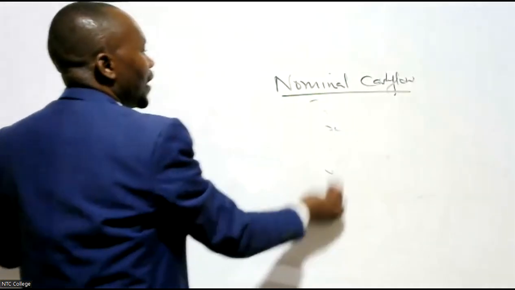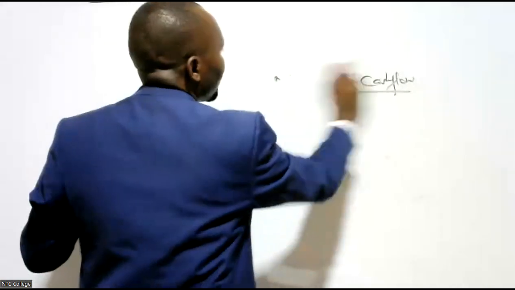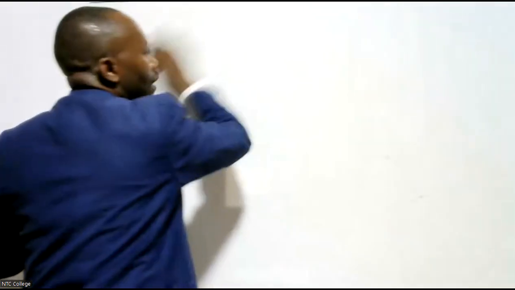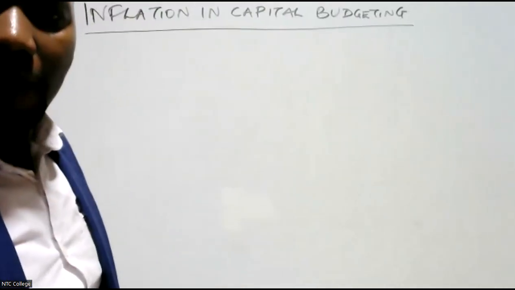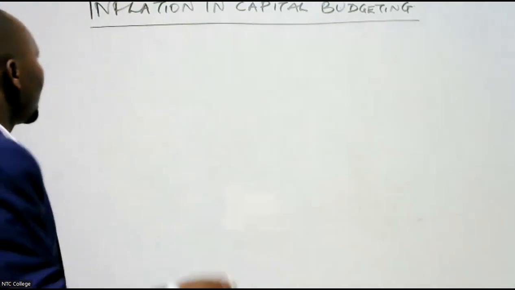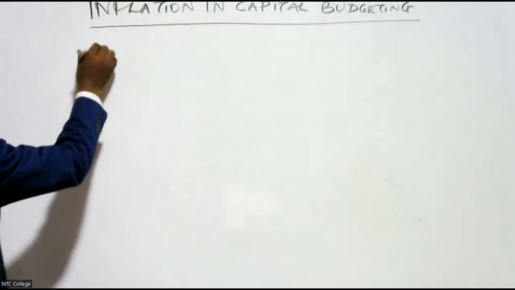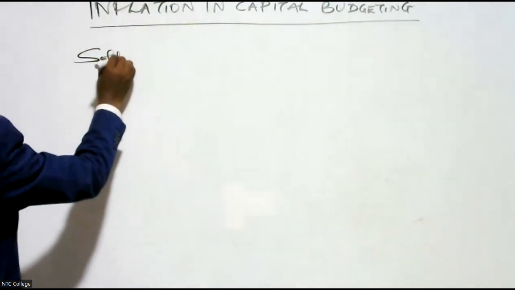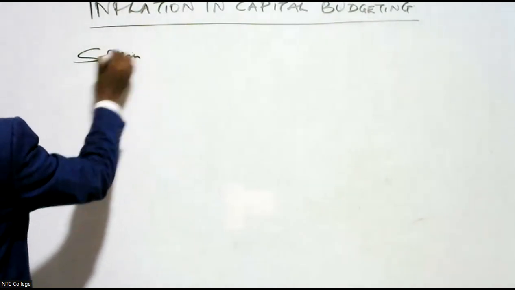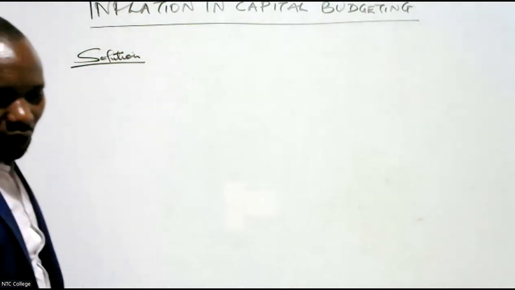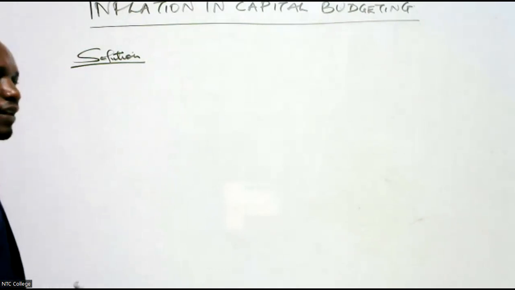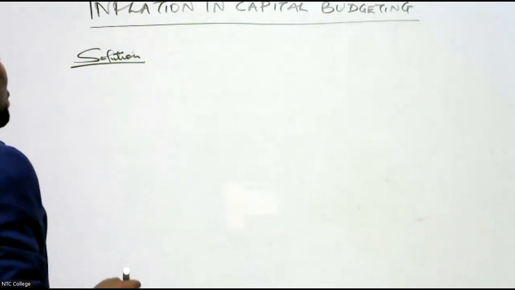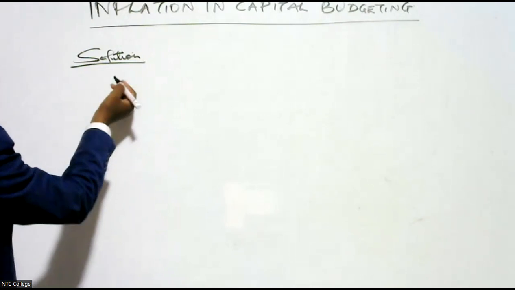Who has changed the rate to nominal rate? Nani amejaribu? Nominal rate. So if you are told to get NPV using nominal cost of capital, then it means that you have to change the rate to nominal.